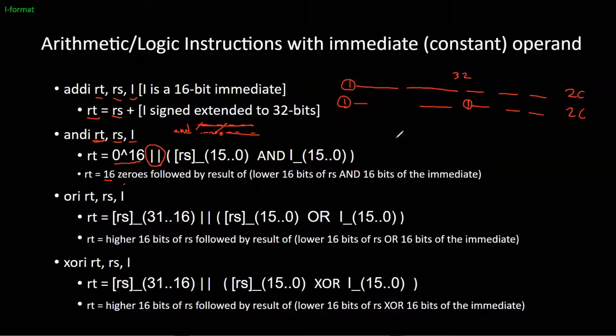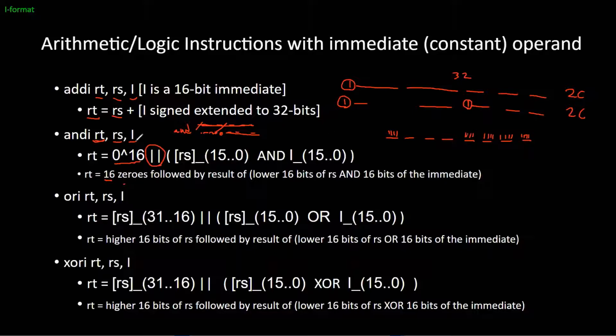So for example, let's say this RS was all ones. I'm going to put one line for each 4 bits, so that's 4, 8, 12, 16, and then 4 more. So 1, 2, 3, 4, 1, 2, 3, 4. It is all ones.